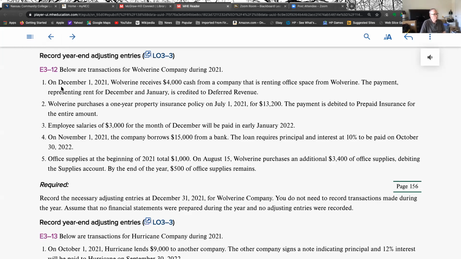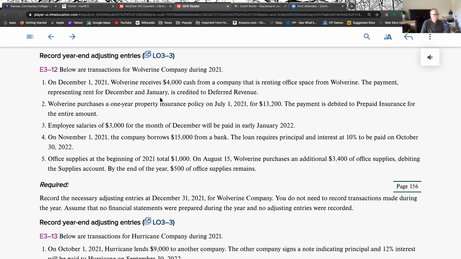On December 1st, 2021, now that's almost the end of the year, right? How much time is it between December 1st and December 31st? 1 month. Wolverine receives $4,000 cash from a company that is renting space from Wolverine. The payment representing rent for December and January is credited to deferred revenue.